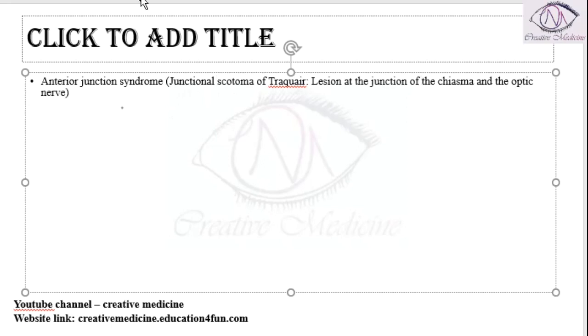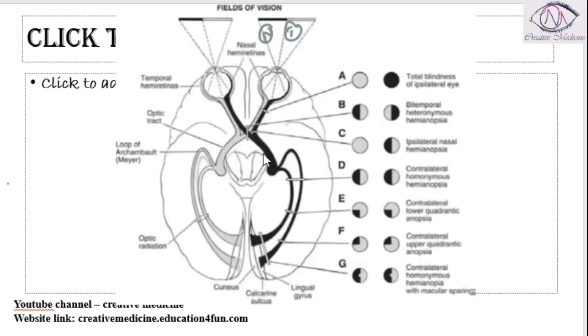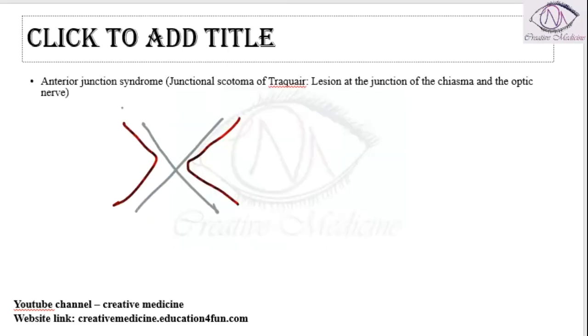Here the lesion is present at the junction of the optic chiasma and the optic nerve. So if these are the crossing fibers of the nasal retina and this is the temporal retina, this anterior junction syndrome is present here, at the junction of the chiasma and the optic nerve.